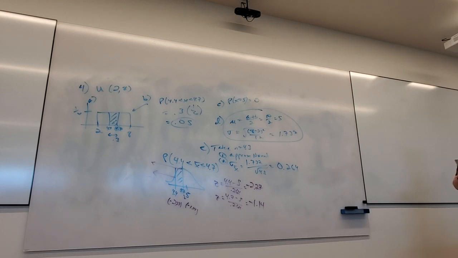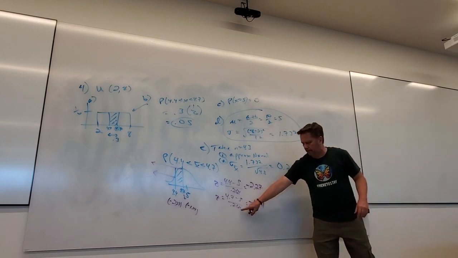Negative 0.3 divided by 0.264, 1.14, yeah. Right, 4.7 minus 5 divided by 0.264.